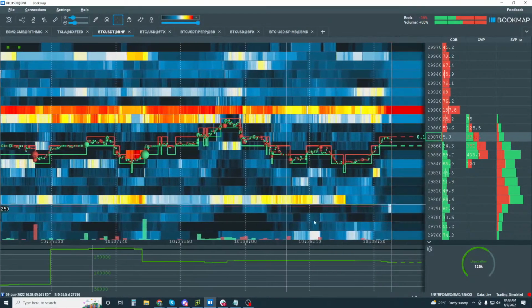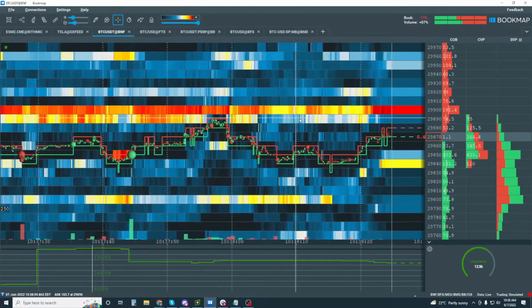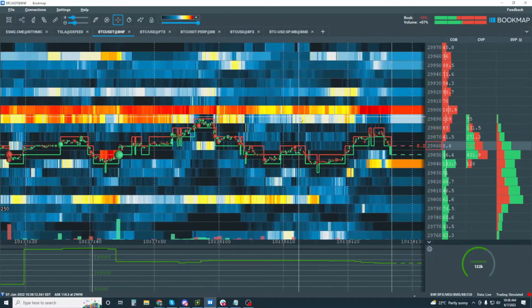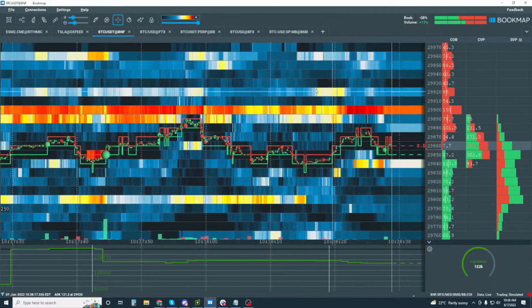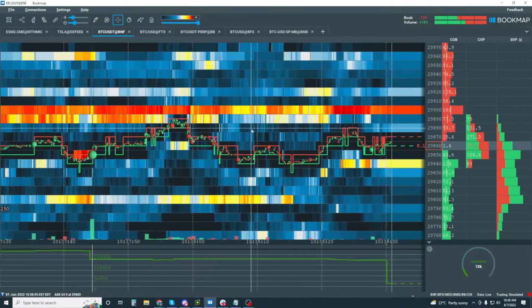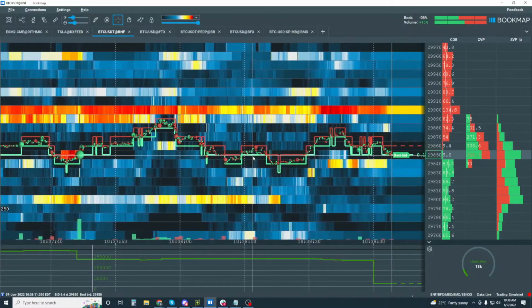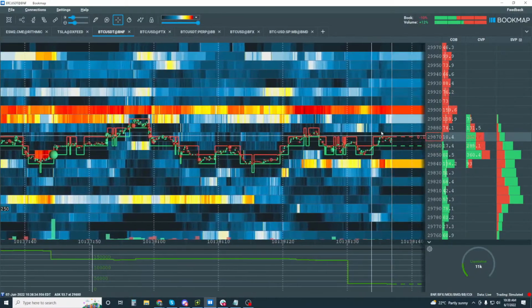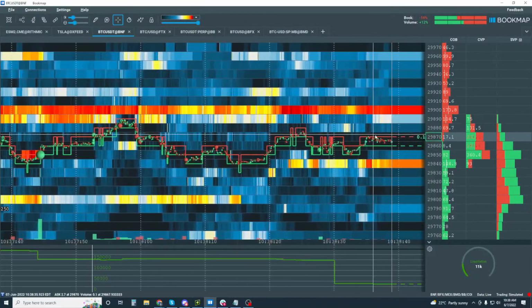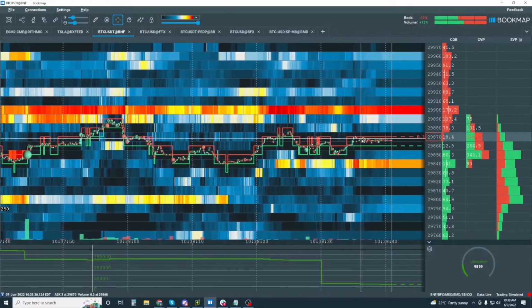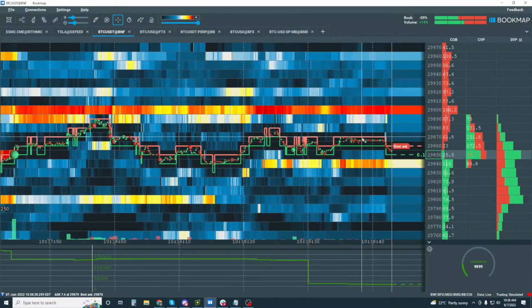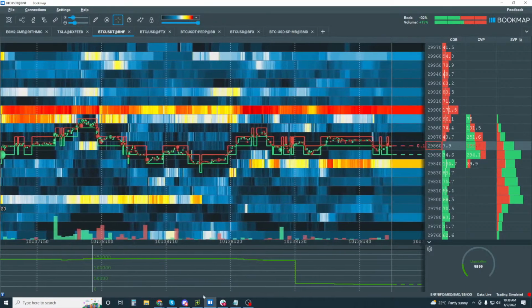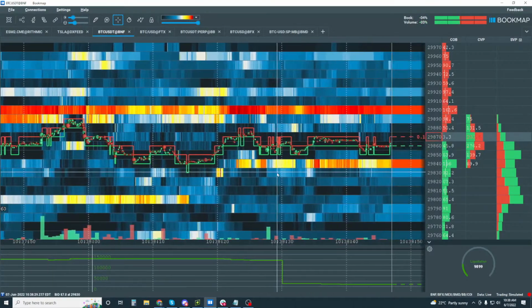It is the orders that make up the market. Without orders, you do not have a market. It's as simple as that. And this dynamic on these very small time frames works on much higher time frames. So let me show you another product of ours called Bookmap Web, and I want to cover higher time frame analysis here.